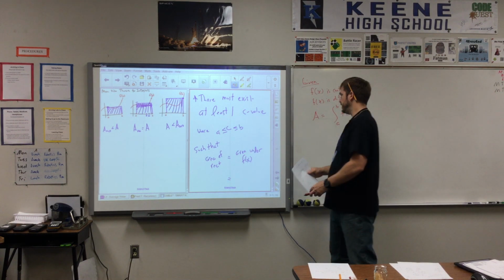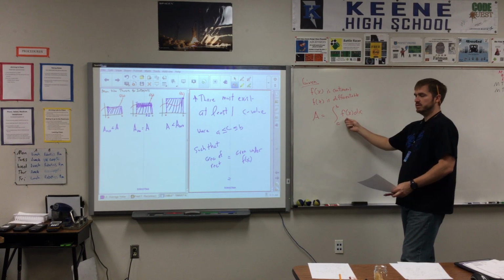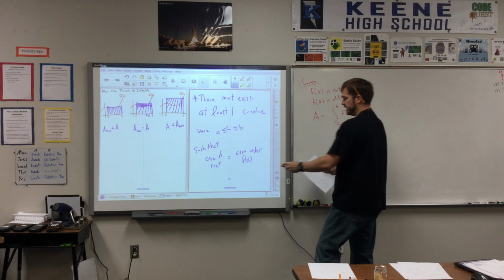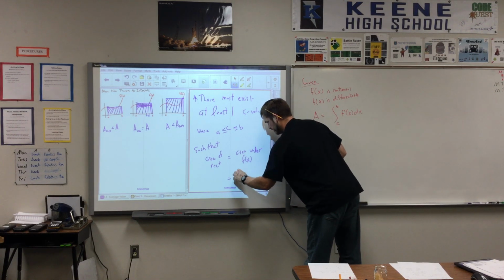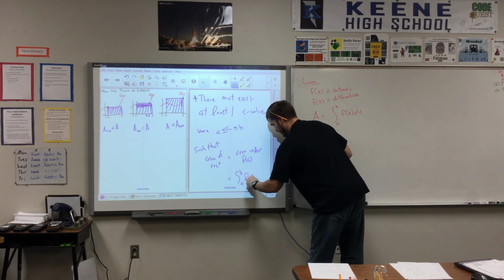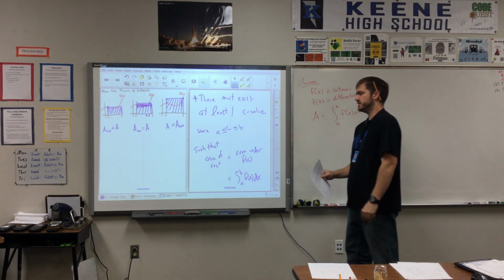The area under f of x, we already saw that was this expression over here, the integral from a to b of f of x dx.